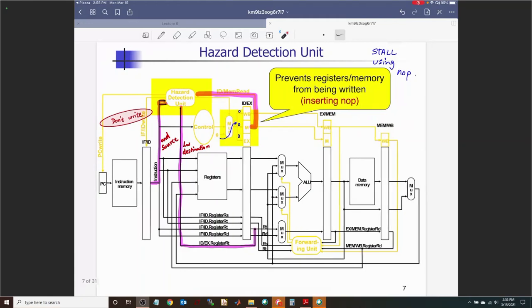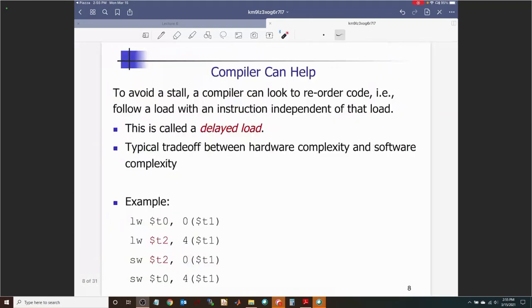All right. Now, whenever we use a stall by inserting NOPs, we are going to slow things down, right? Let's see, there's a question in the chat box. Will the hazard unit only deal with NOPs?